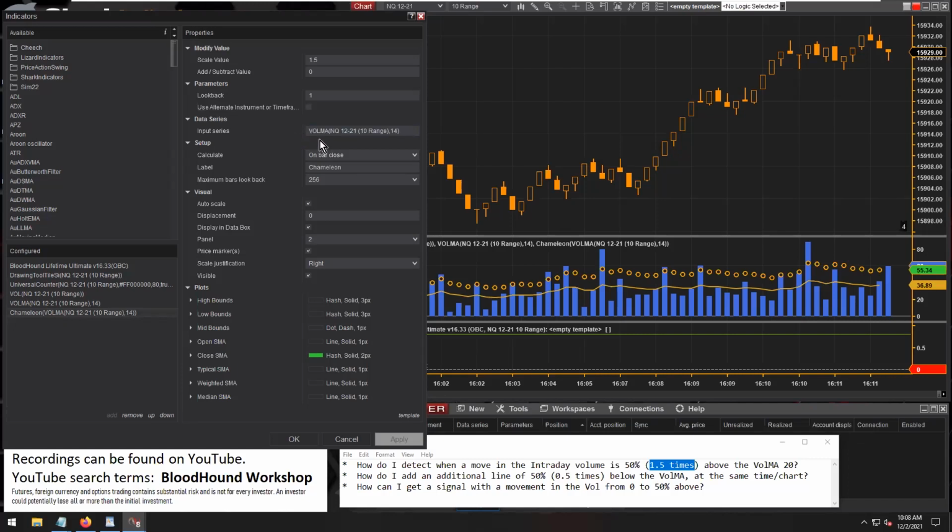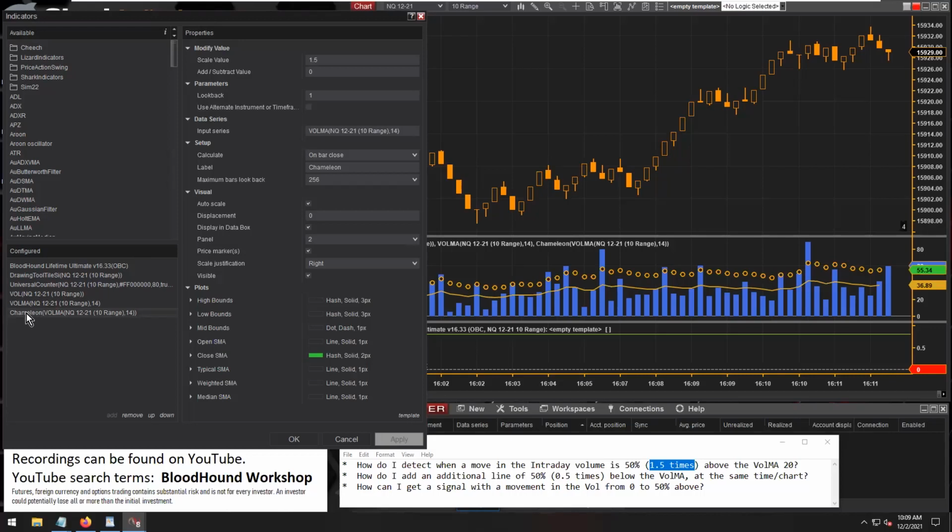We've taken the volume MA indicator and fed the volume MA into the input series for Chameleon. The shorthand terminology of this is nesting. If you see this mentioned on discussion boards and things like that, quite often the terminology of nesting is used. So we're nesting the volume MA into Chameleon.